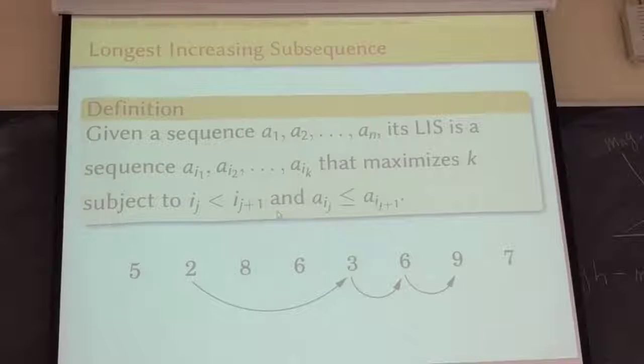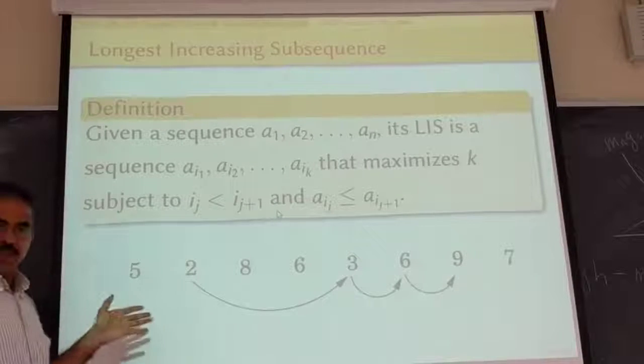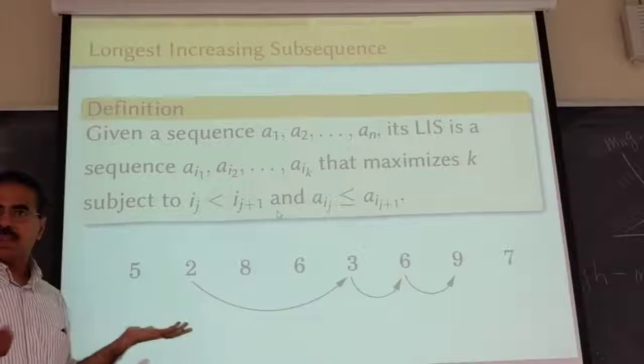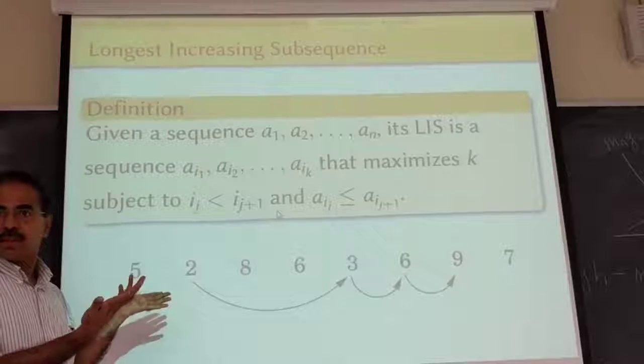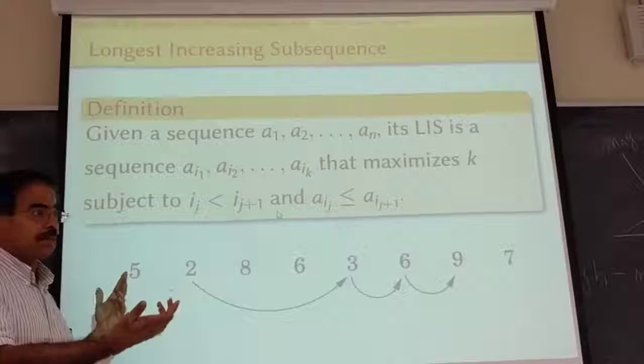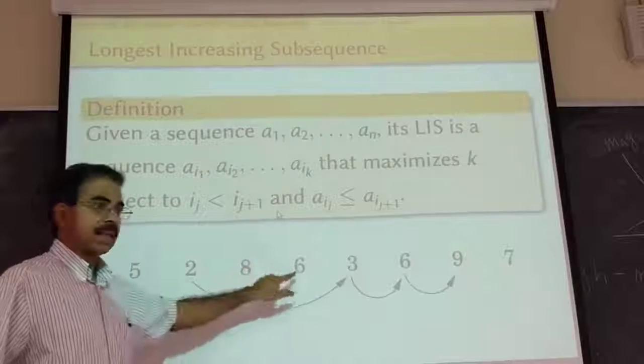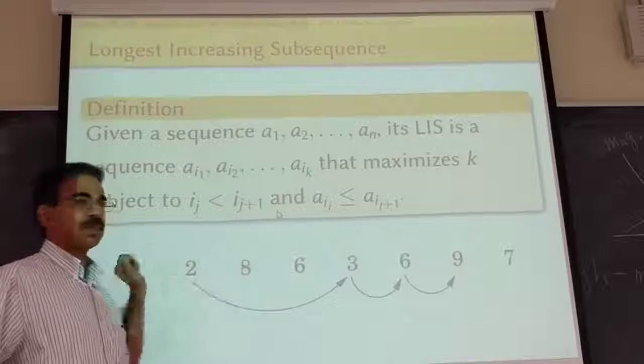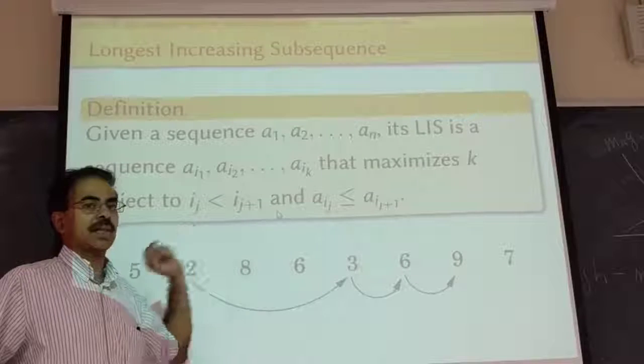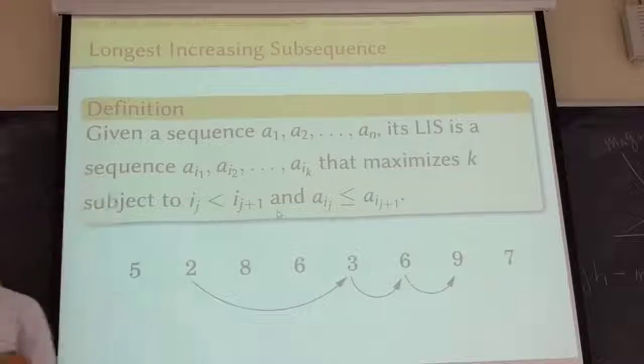So the difference between a substring and a subsequence, you see that, right? Because in a substring, you can't have gaps. In a subsequence, you can have gaps. So 5, 2, 6 is a subsequence, but it is not a substring. 5, 2, 8 is a substring, but 5, 2, 6 is not a substring. It's only a subsequence.